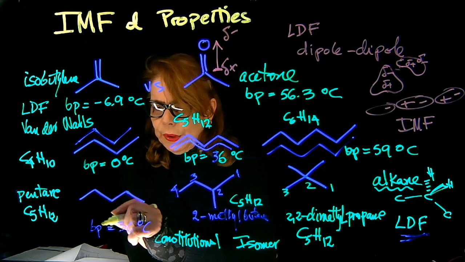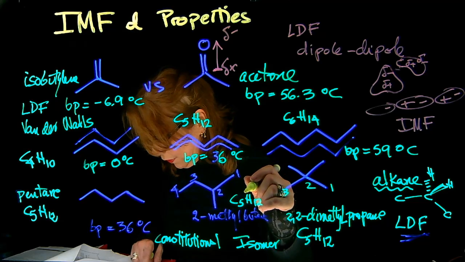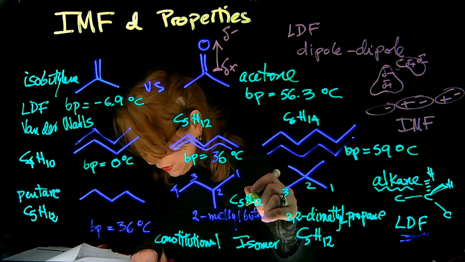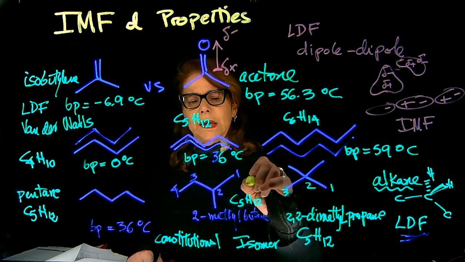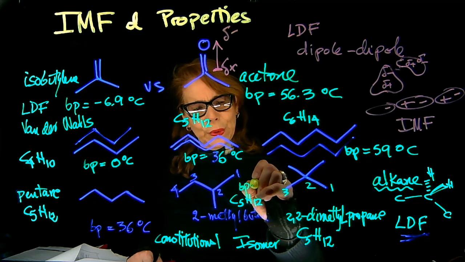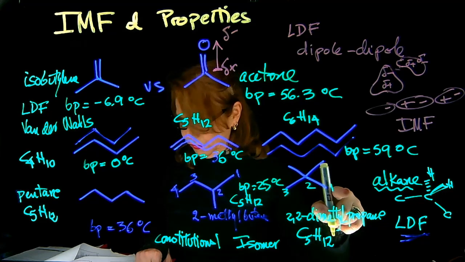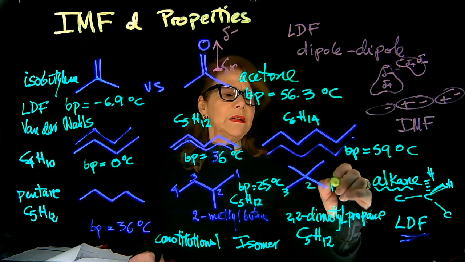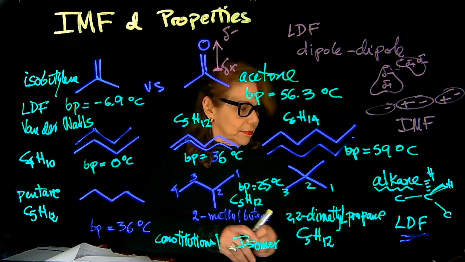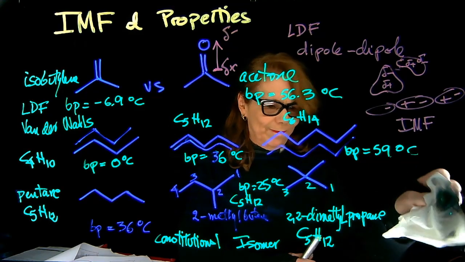So same mass, because they have the same molecular formula. The boiling point of pentane is 36 degrees, and that of 2-methylbutane is 28. I'm going to have to write it on the top. So the boiling point is 28 Celsius, and for 2,2-dimethylpropane it is only 10 Celsius. So let's erase this one here.